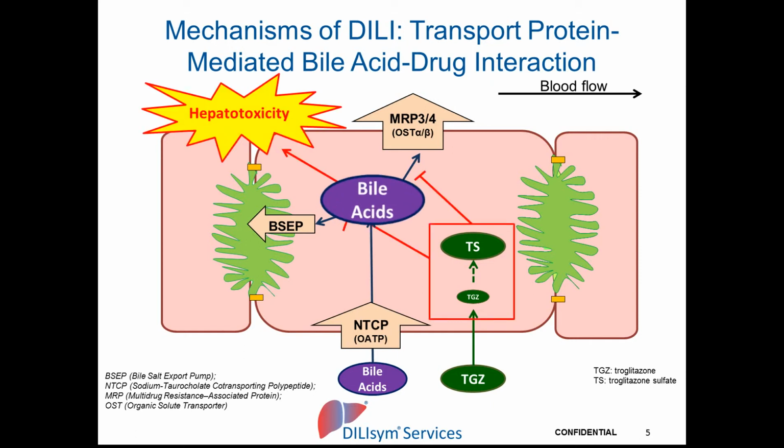Nevertheless, both have inhibitory properties against both BSEP and MRP3 and 4, which cause bile acids to accumulate and leads to the potential for hepatotoxicity. Troglitazone also inhibits NTCP, somewhat mitigating the accumulation of bile acids within the cell.